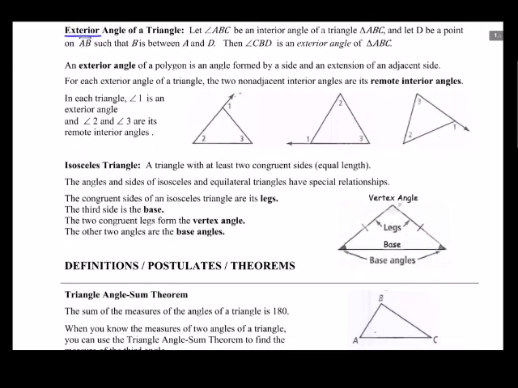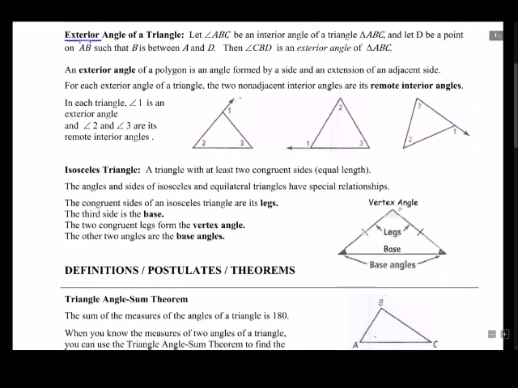Now that's a lot of words. We can make it a little more simple. An exterior angle of a triangle is formed by a side and an extension of an adjacent side, just like we did up above. In each of our triangles here, angle 1 is an exterior angle.